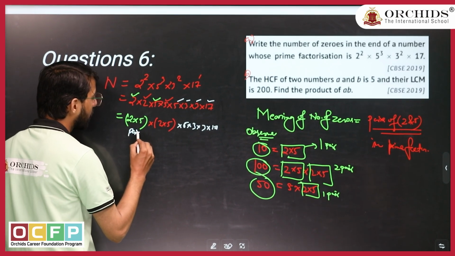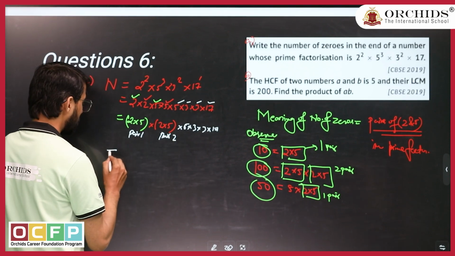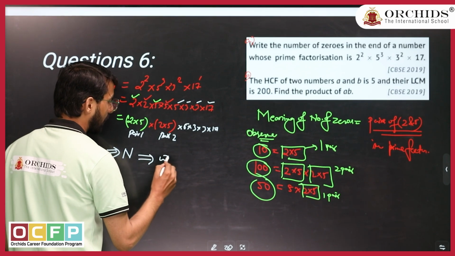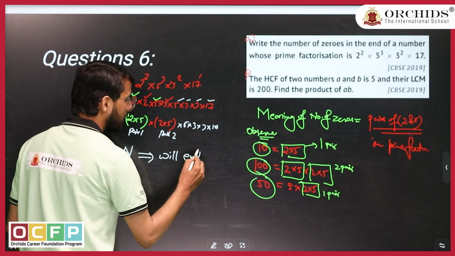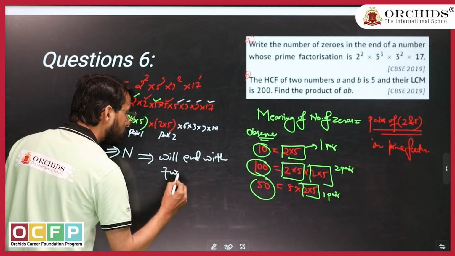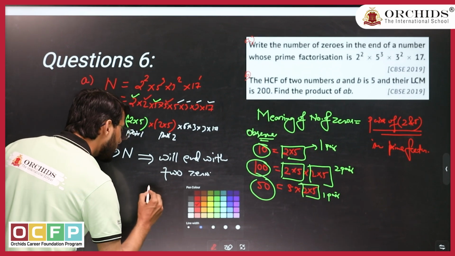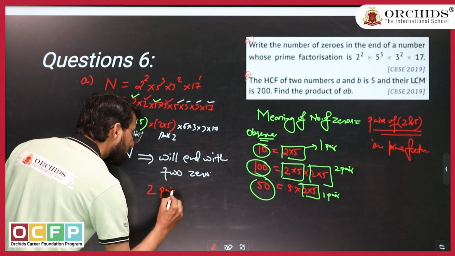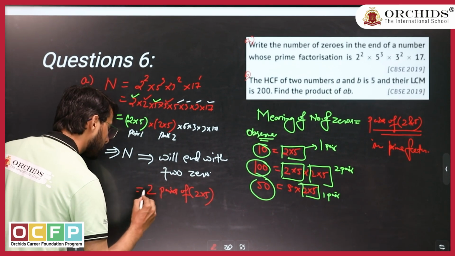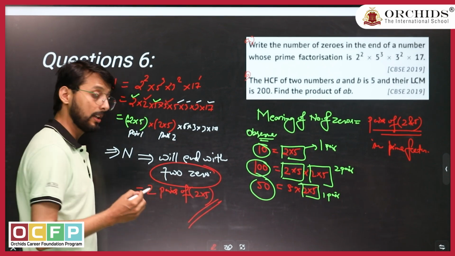Pair 1, pair 2, which implies that number n will end with only 2 zeros. Why? Because we got 2 pairs of 2 cross 5. So, as many pairs, that many zeros.